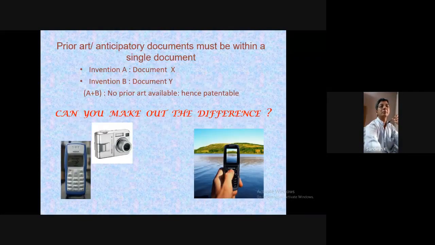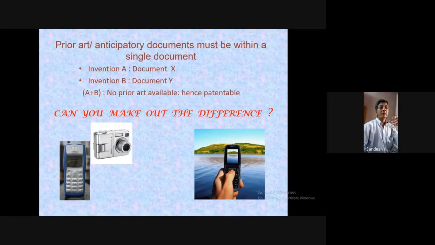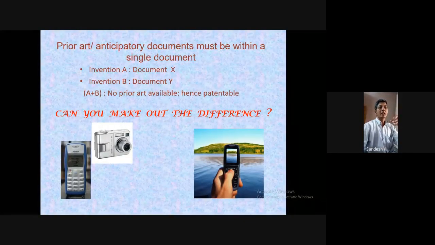Next slide, please. This is one of the excellent examples. Everyone knew, maybe 10 or 15 years back, when there was no camera in the mobile, everybody used the mobile and the camera separately. Nobody had thought that they could be used together. But once camera phones came in, everybody forgot this.